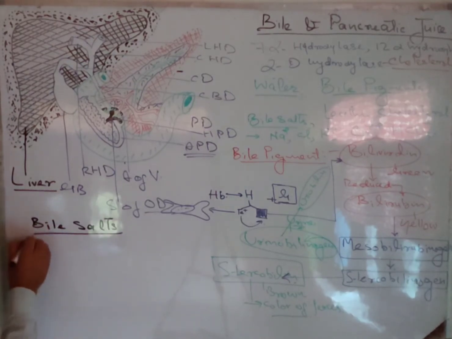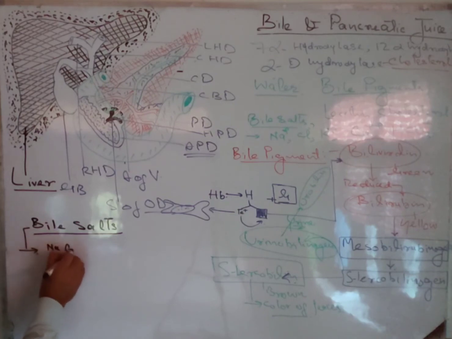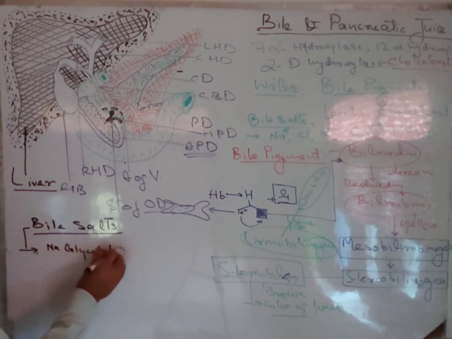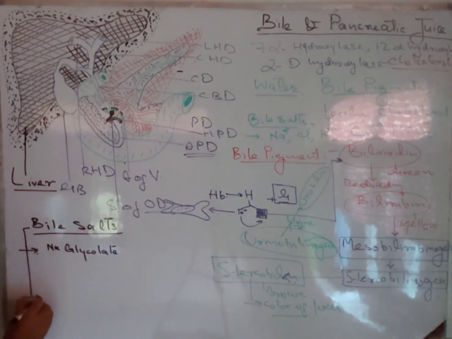Bile salts are present mainly in two forms in our bile. Number one is sodium glycholate, and number two, sodium taurocholate.